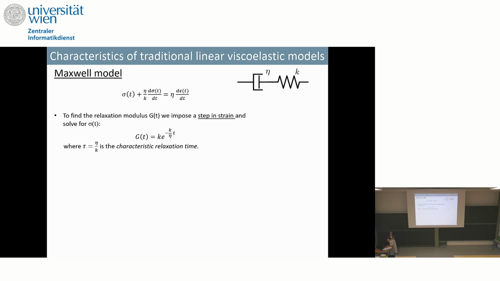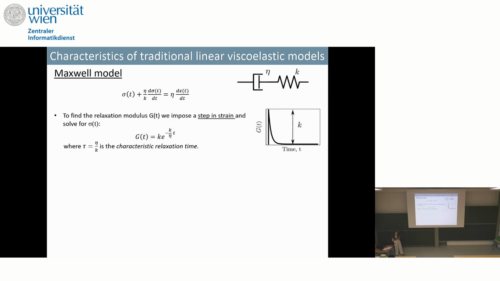This is a characteristic time that is really useful when we talk about viscoelastic models, and that's called the characteristic relaxation time. That's going to tell us how fast or how slow the stress is going to decrease.